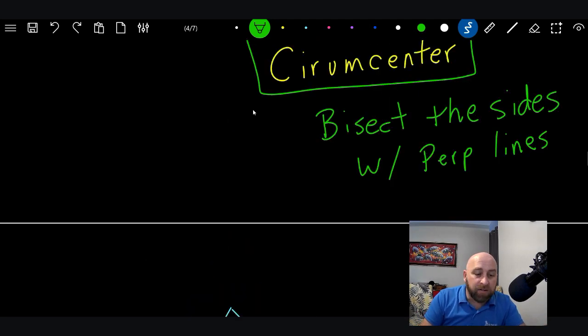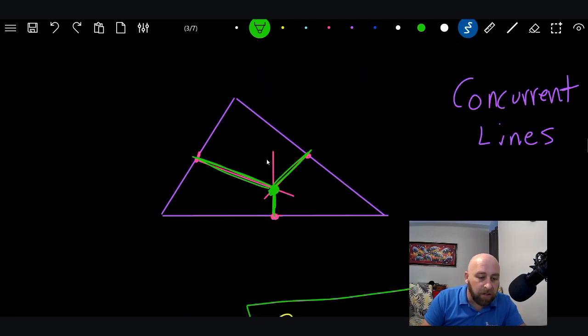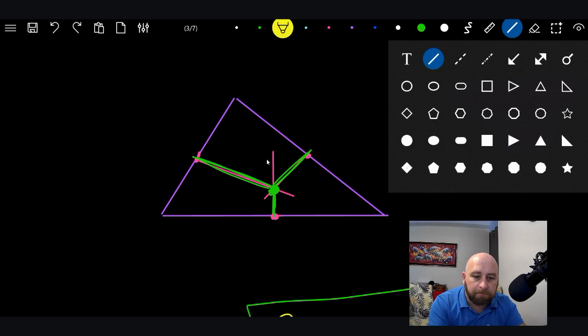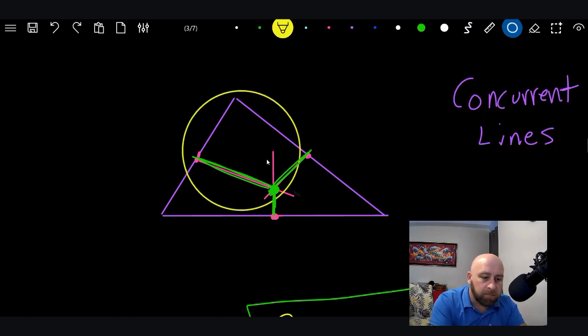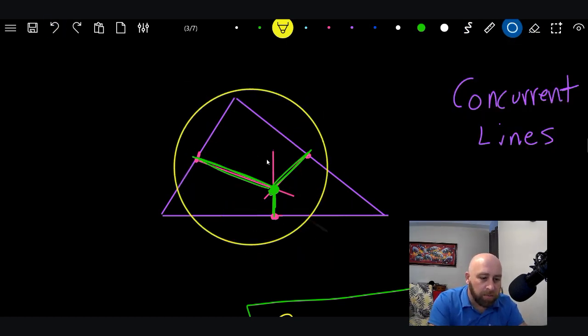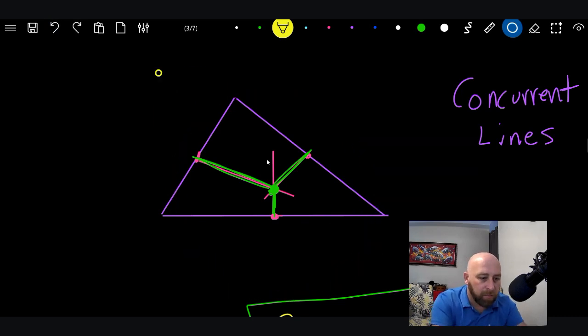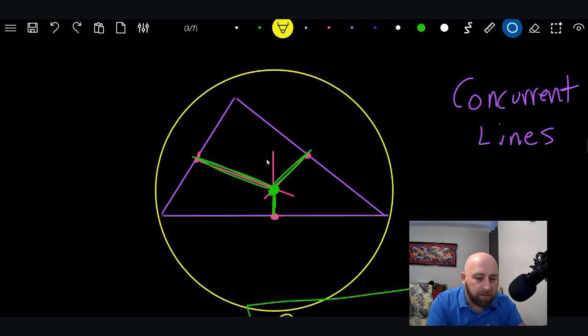Now, something interesting about this: if we were to put a compass on this point right here, the circumcenter, something really cool would happen, and we would get a circle that touches all the points. I'm going to try to do this. It's not going to be pretty, but if you'll give me just a second.